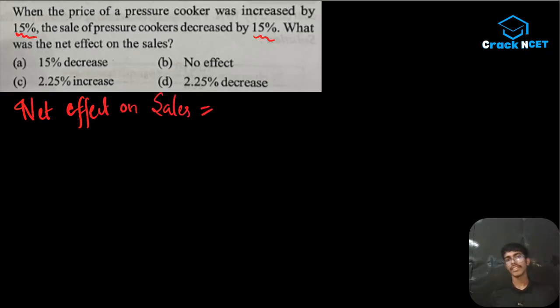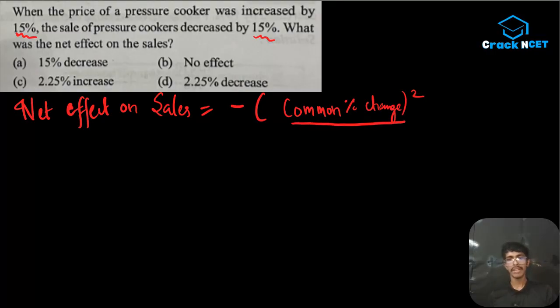Net effect on the sales का वैल्यू क्या होता है? माइनस ऑफ कॉमन percentage change square divided by 100.